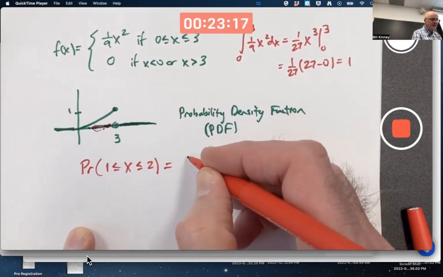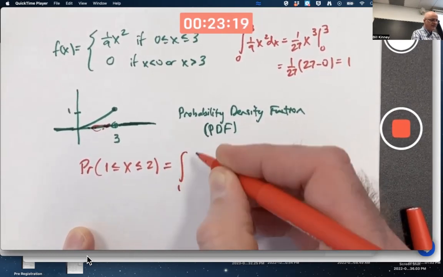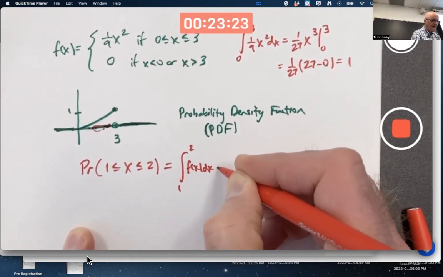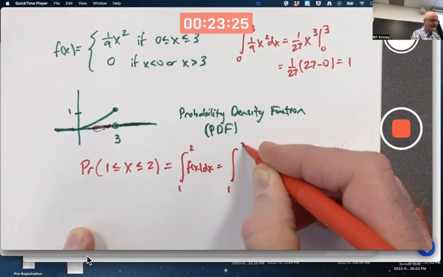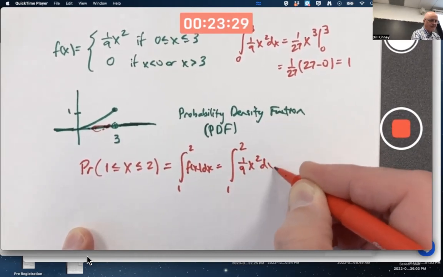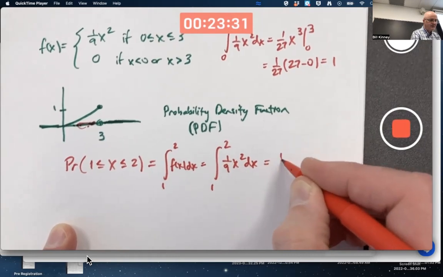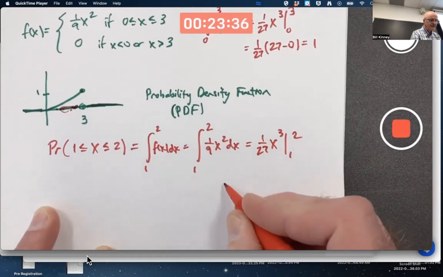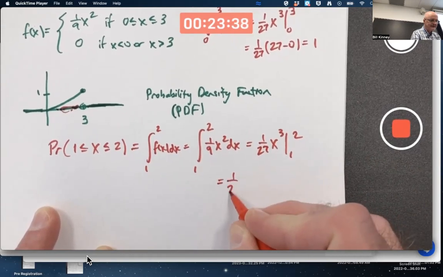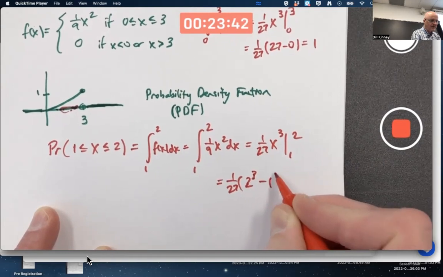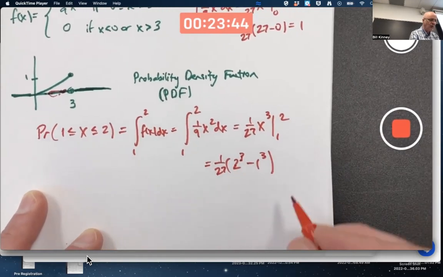How do you find it? You use the PDF, you integrate it from 1 to 2. So in this case, you're integrating 1/9 x squared from 1 to 2. That gives 1/27 x cubed from 1 to 2. Using the fundamental theorem of calculus, that's 1/27 times 2 cubed minus 1 cubed. 2 cubed is 8, 1 cubed is 1.